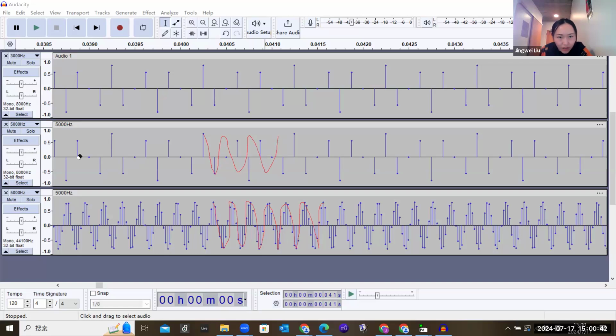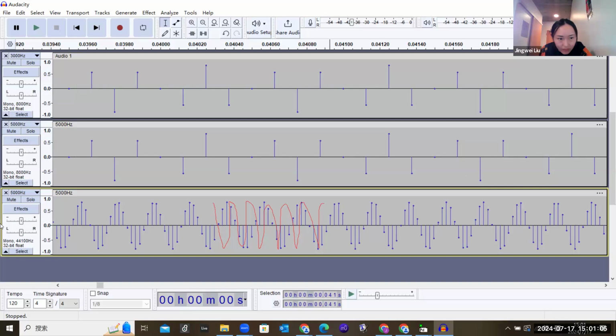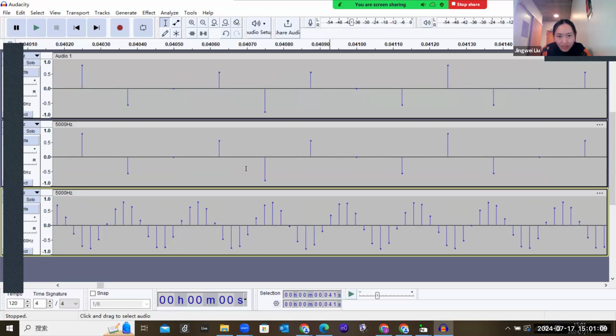But this is an alternative. Okay, this is so difficult to draw. I don't know if you can understand this or not.